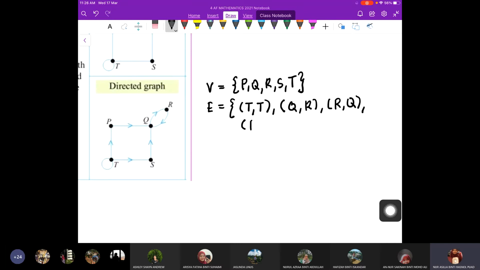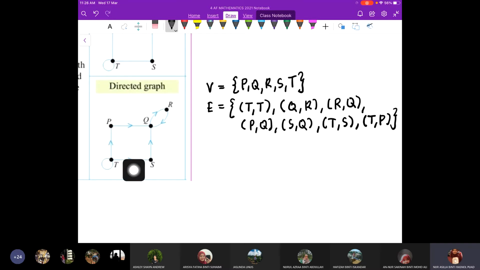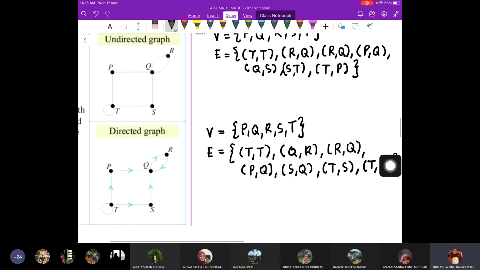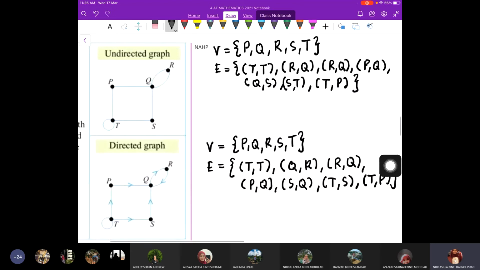So saya ada PQ. And then kita ada SQ. And then TS. And then finally TP. Okay. So that's it. 1, 2, 3 ada 7. So 1, 2, 3, 4, 5, 6, 7. Loop kita akan tuliskan. Okay, so itu edges.